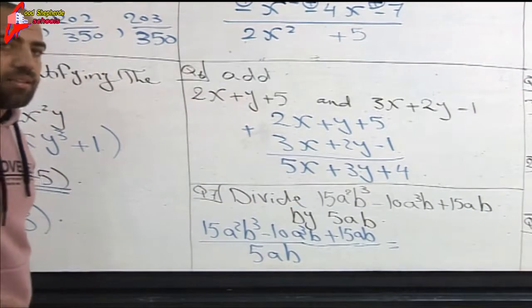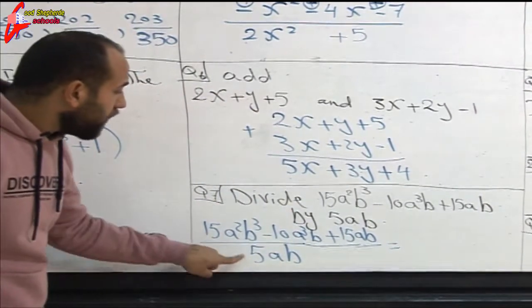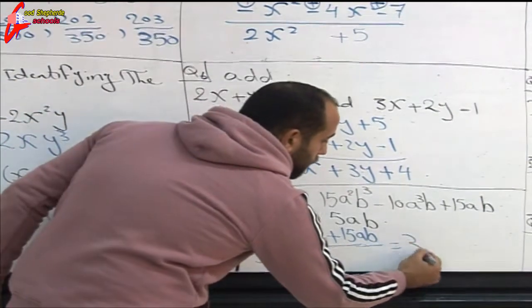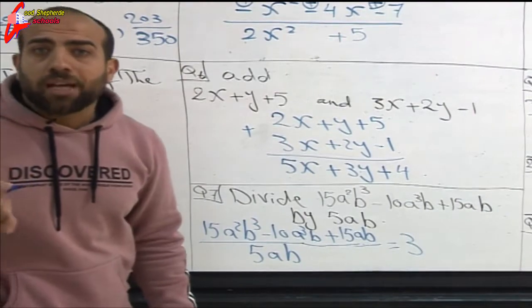Now let's divide. Divide the number by number and the symbol by symbol. 15 divided by 5 equals 3. a^2 divided by a. When I divide, subtract the power.